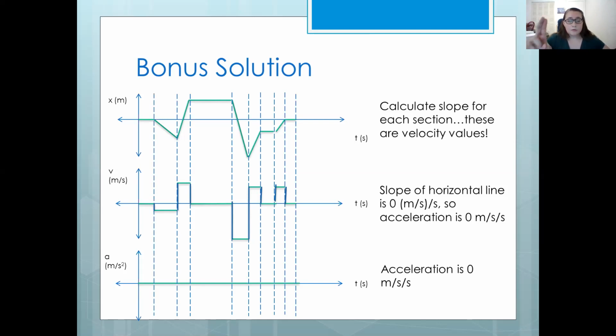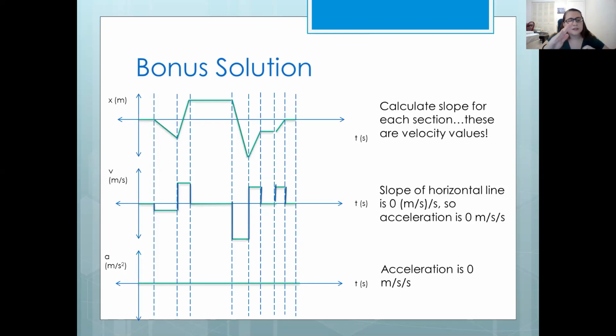We're going to take the slope of each section individually, and then draw that into our velocity time graph. If we're looking at that first section, the slope of a horizontal line is 0, so our velocity is 0. And remember, acceleration is the slope of velocity. So if our velocity is also a flat line, then our acceleration is 0.